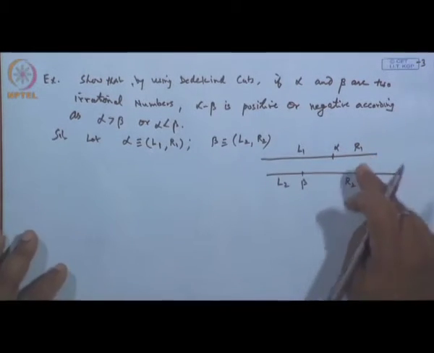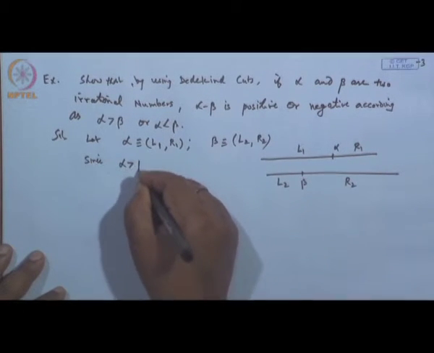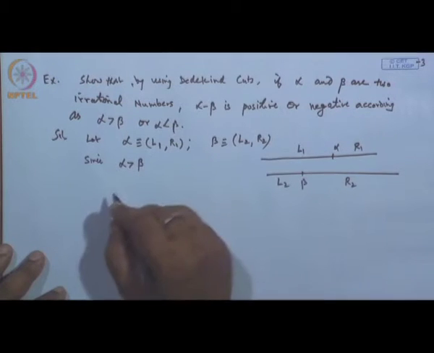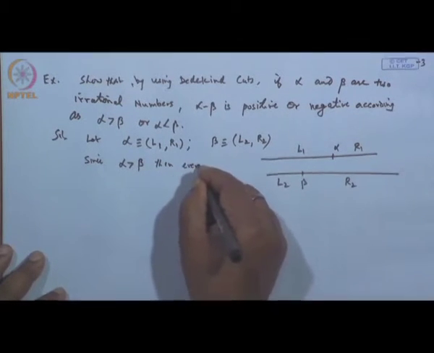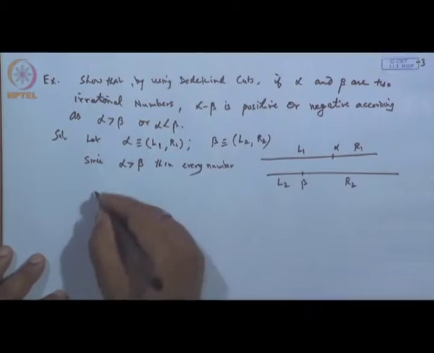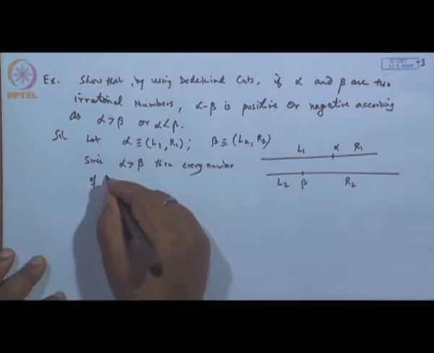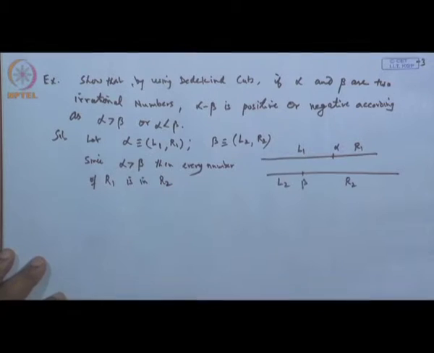Now, when alpha is greater than beta, it means every element of R 1 is in R 2.